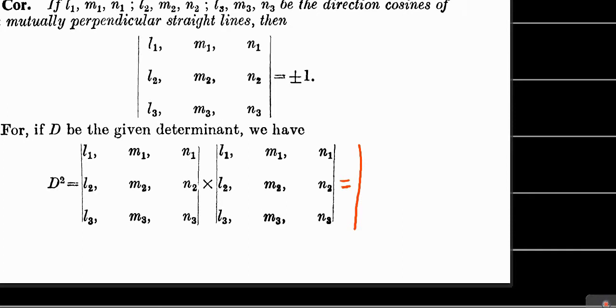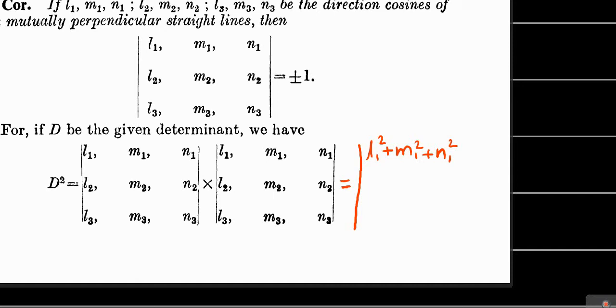So the first element, as told just now, it is L1 square plus M1 square plus N1 square. This is the first element.